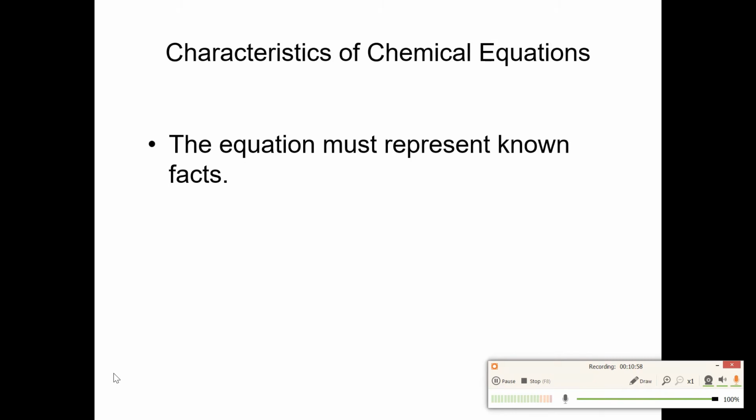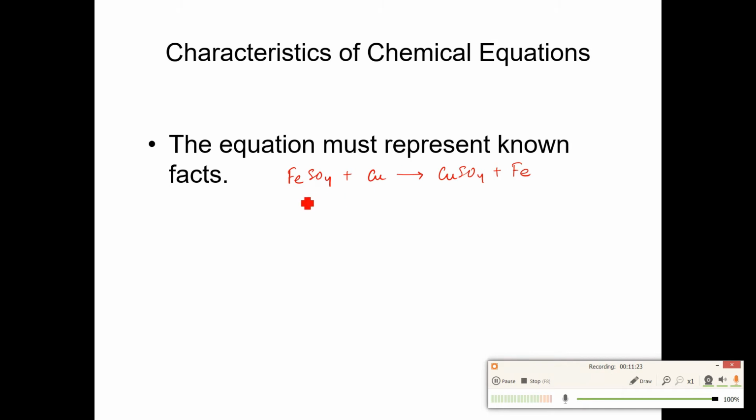We have to write down the chemical equation only if it is actually happening in reality. For example, if I write iron sulfate which reacts with copper and it forms copper sulfate plus iron.